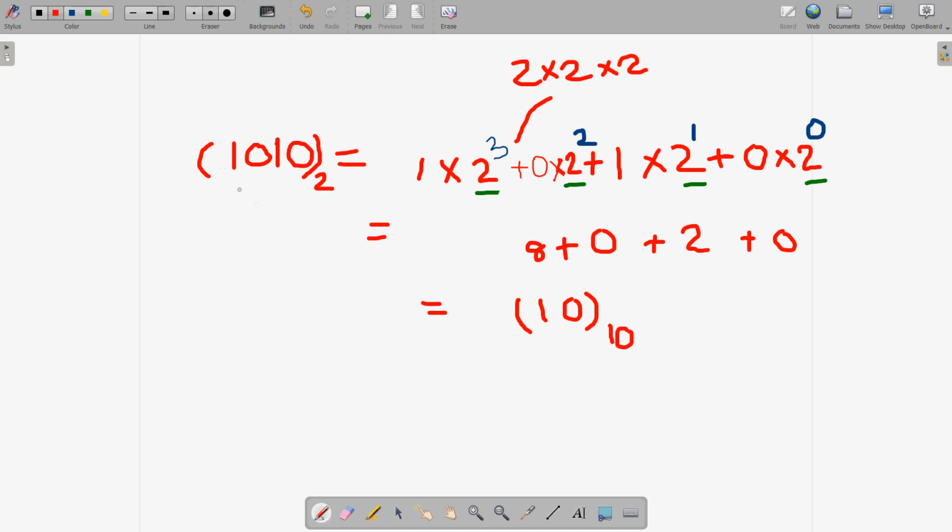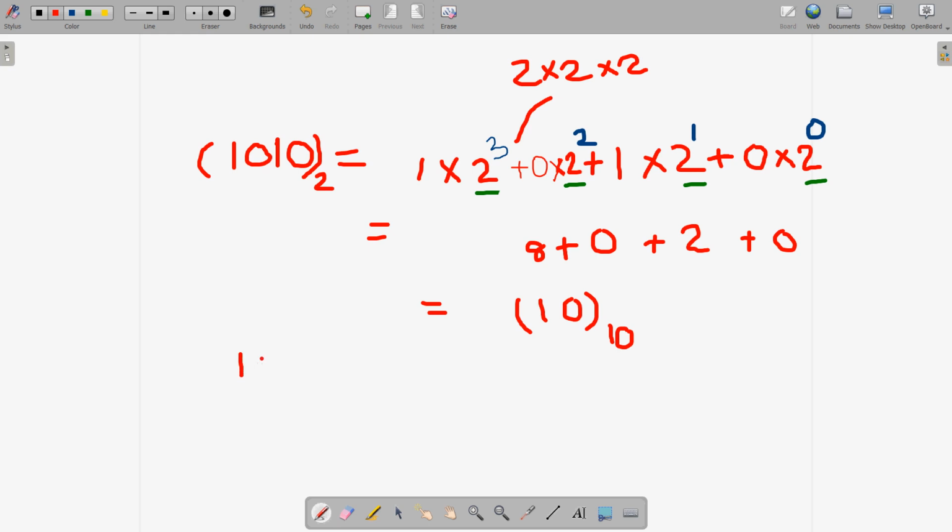Whatever the binary number we are taking, we are converting that binary number into decimal by using, you can say, the base multiplied with their increasing powers. Clear? So this way we have seen the 2 examples. You can also take any example on your own. As homework, I am giving you 2 or 3 binary numbers, and you are going to change them into decimal.